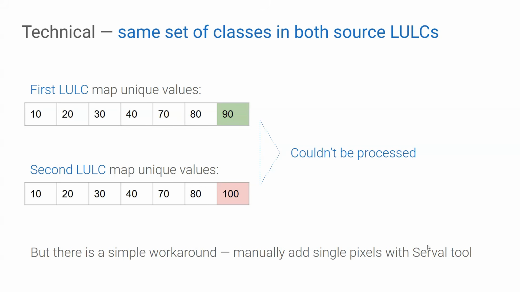It won't affect the simulation because a single pixel won't make any difference. But yes, you will be forced to manually adjust your rasters to avoid this situation. Not a very nice thing, but we got what we got.